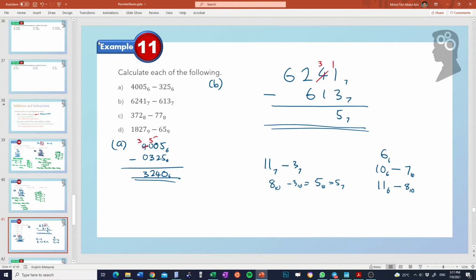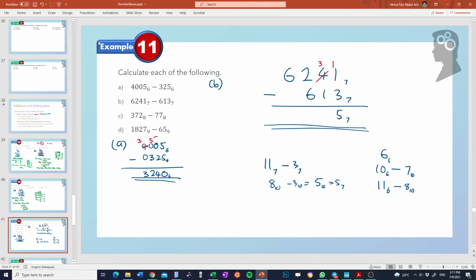Okay, so far yang kolom pertama ni semua boleh faham? Sorry saya bukan dia satu-satu. Dia bukan kan pinjam 1. So 1 tambah 1 tambah 7 jadi 8 lah kan? 1 tambah 7 jadi 8. Ya, betul.